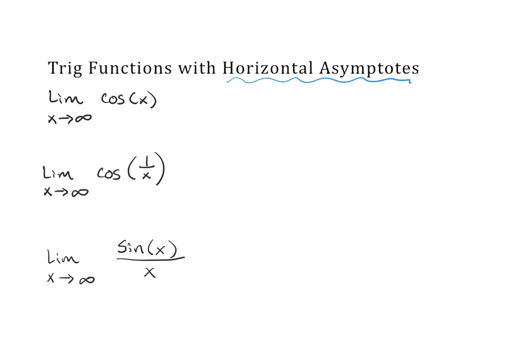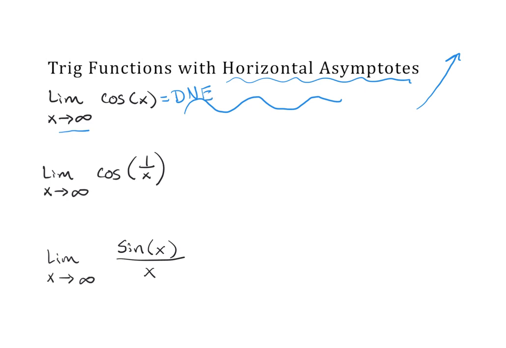So if you think about cosine x, as x values approach infinity, what do the y values approach? Well, it is oscillating between -1 and 1. It's not going off and approaching infinity or negative infinity. It's constantly oscillating. So this limit does not exist.